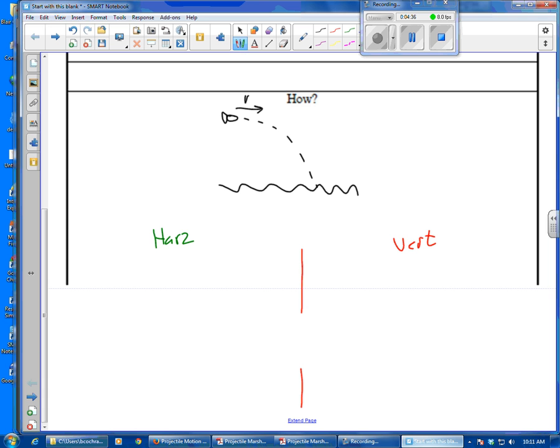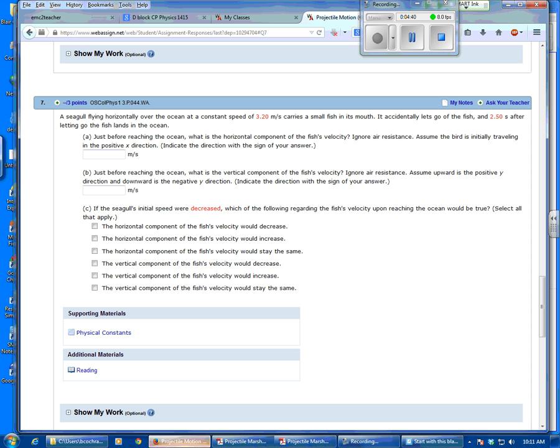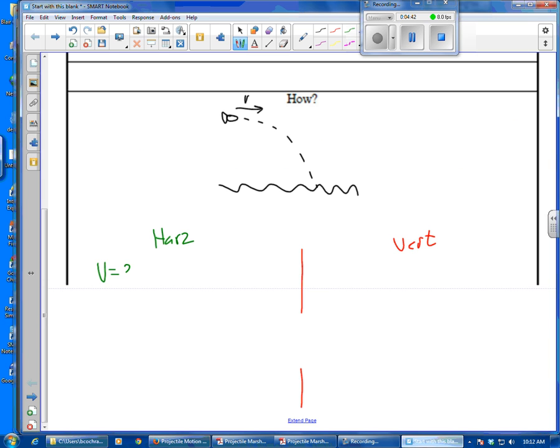So that horizontal velocity, they tell me is 3.20 meters per second. I know my acceleration here is 0. It'd be the one labeled horizontal velocity in meters per second. I think it's the first one. I'll flip back in a second and confirm that.